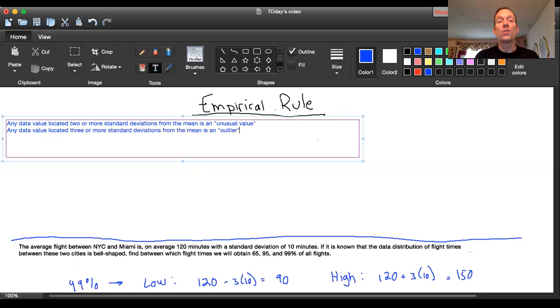Okay, so if it's 3 or more standard deviations from the mean, it's a more serious situation. Of course, we're going to call that an outlier.